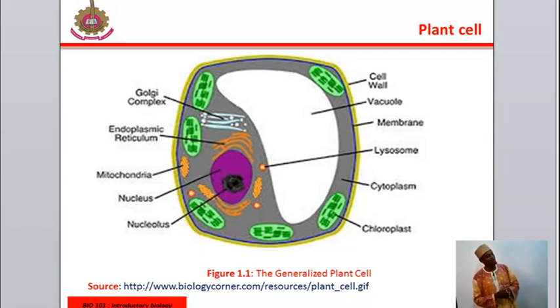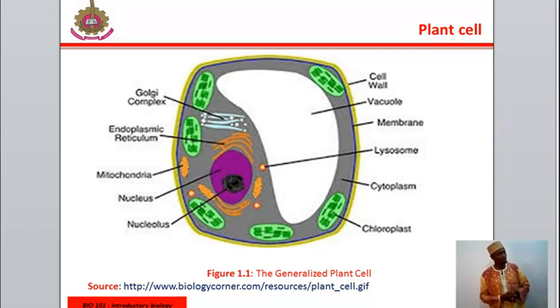The characteristic of the plant cell which makes it different from the animal cell is this organelle that I want to mention now. This is the chloroplast. Chloroplast is an organelle in the plant cell. It can only be found in the plant cell, and it is responsible for the photosynthetic activity of the plant. You know the green plants?